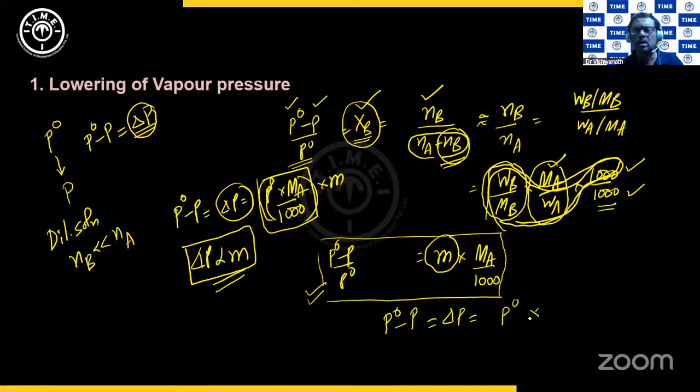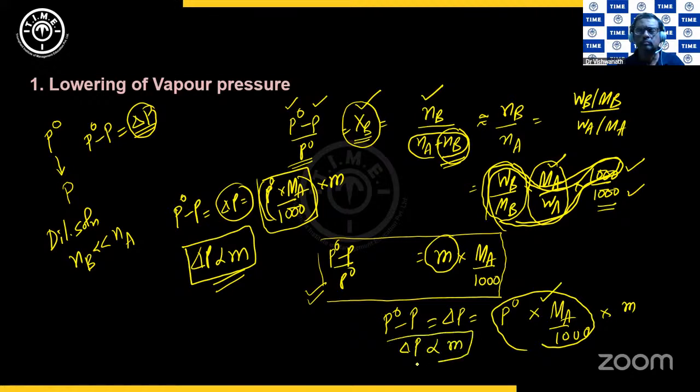That will be P0 into MA by 1000 into m. This part is nothing but a constant value for a solvent. So delta P is proportional to m. That is what we get. Clear? So delta P is proportional to the molality.